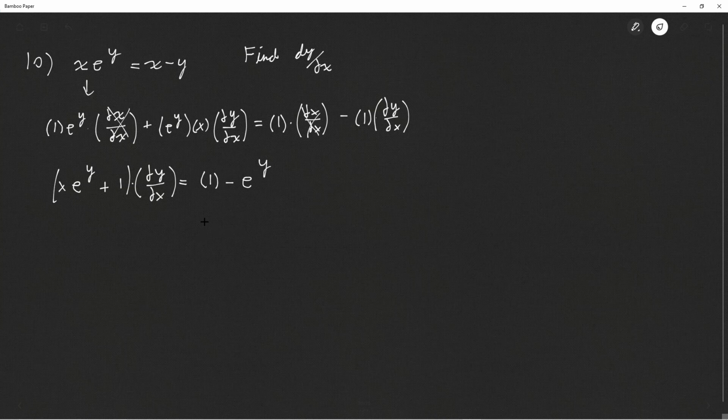So now we just have to divide both sides by x e to the y plus 1, so that we can find dy over dx is equal to (1 minus e to the y) divided by (x e to the y plus 1).